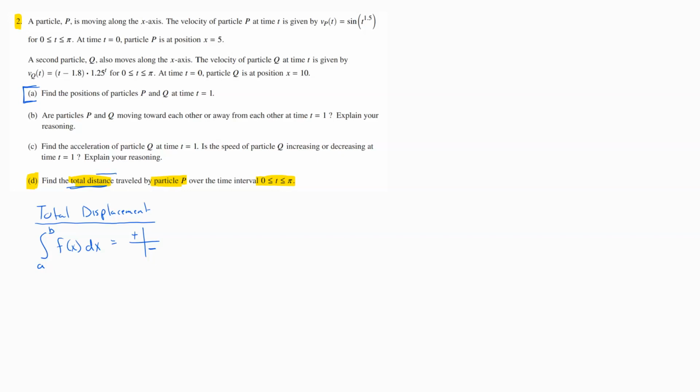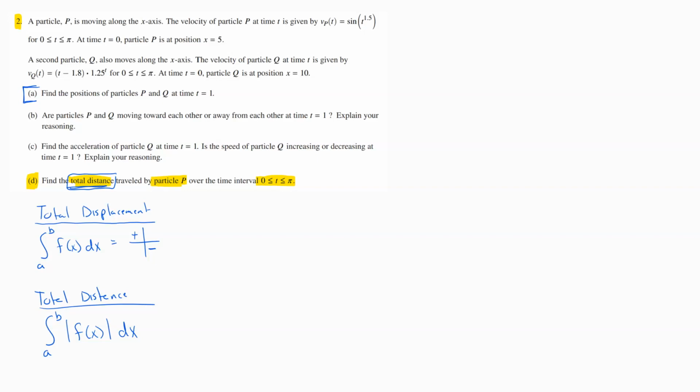When it comes to finding total distance, however, total distance wants us to treat all of that area as positive. So when you go to find the total distance, you're going to be taking the integral from a to b. And because you want to treat all the area as positive, you're going to take the absolute value of your equation right there.